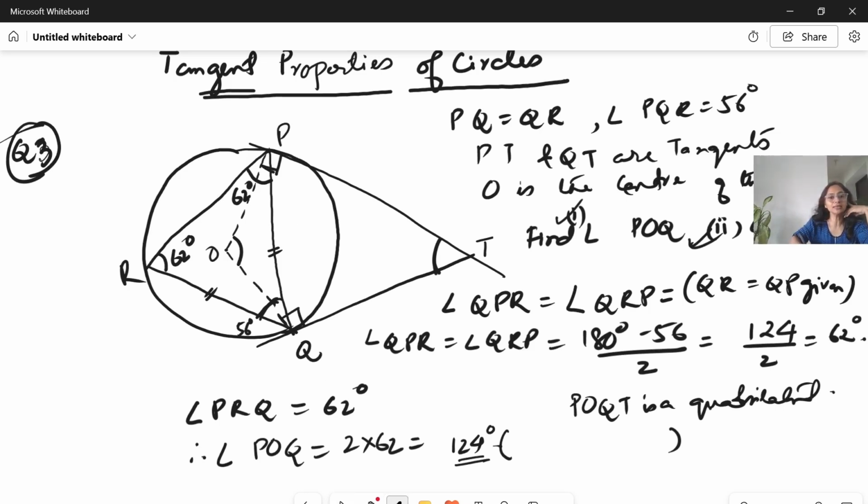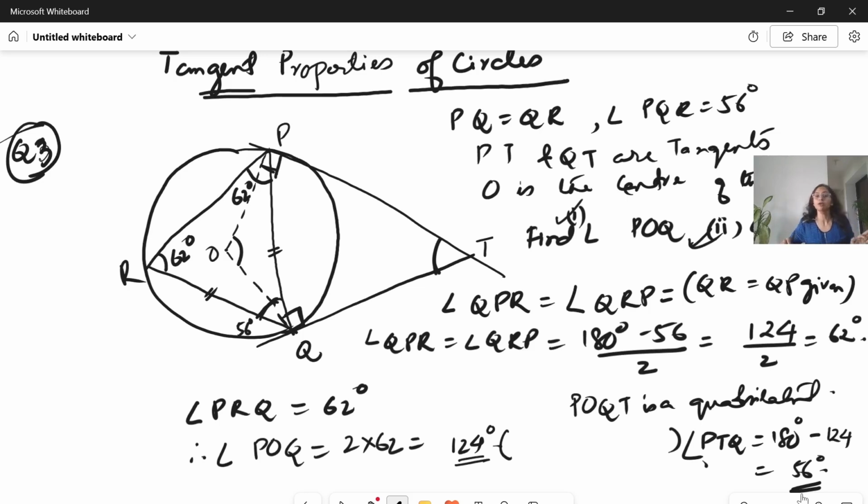We are seeing that these two angles are 90 degrees each, which means the sum of POQ and PTQ is 180 degrees. POQ we have already got. So I am writing directly that PTQ is equal to 180 minus 124, which will come as 56 degrees. So PTQ also we got as 56 degrees.